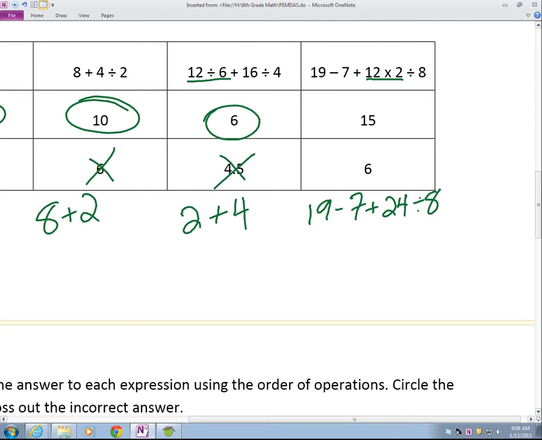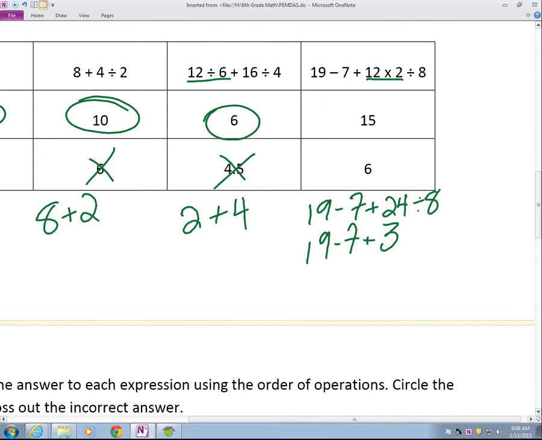What is the next step that we're going to do? Good. 24 divided by 8. So 24 divided by 8, because I know my math facts, is 3. Now we're going to go just left to right because it's addition and subtraction, and that's what your notes say.